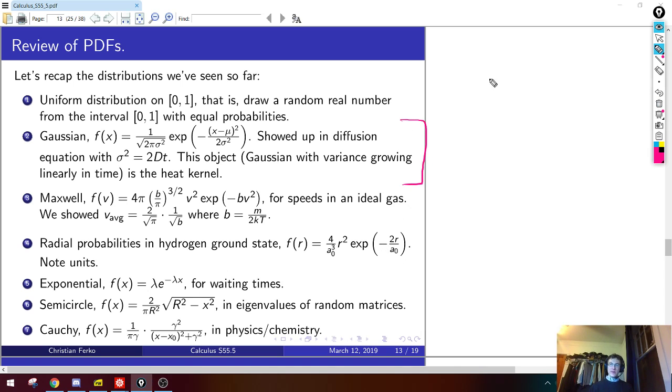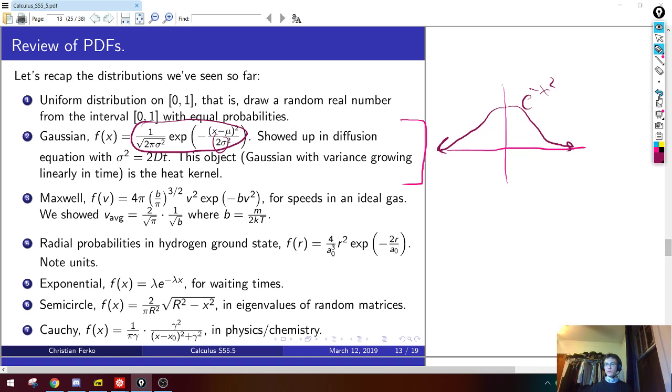The second one that we saw, which is actually the most important, is the Gaussian distribution. A Gaussian is like e to the minus x squared, with some mean and some variance. The explicit functional form looks like this, given mu and sigma, where sigma measures the spread. Roughly, sigma is how wide this is.